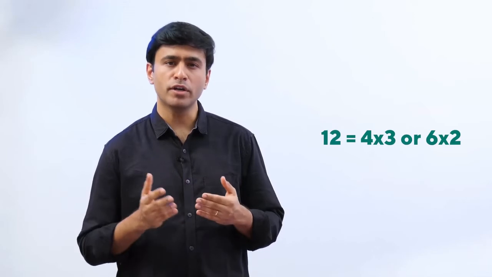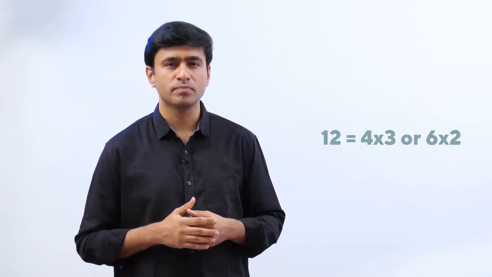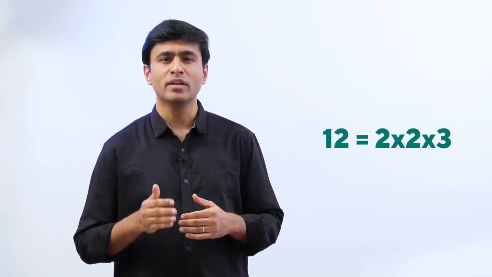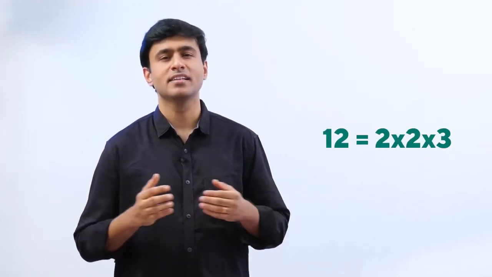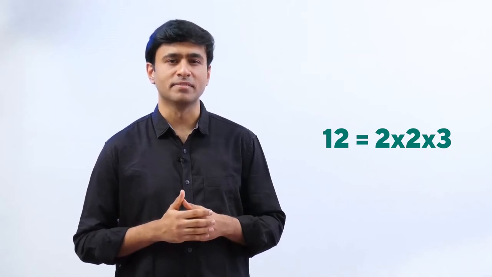For example, 12 can be written as 4 into 3 or 6 into 2. So, what is prime factorization? Writing a given number as a product of two or more prime numbers is called prime factorization. The same 12 can be written as 2 into 2 into 3, that is prime factorization.